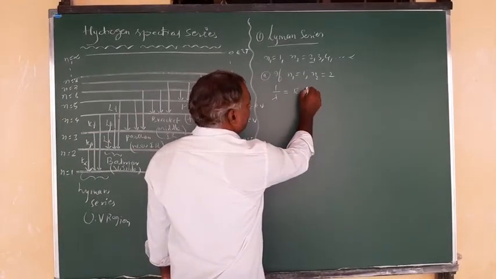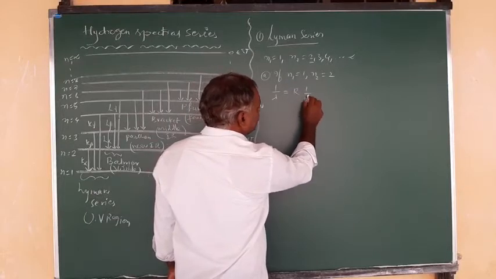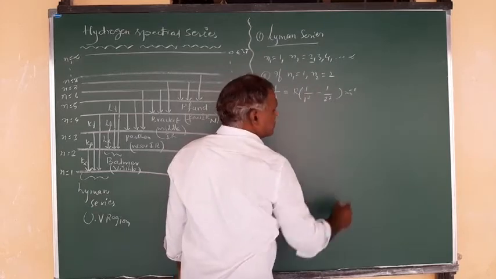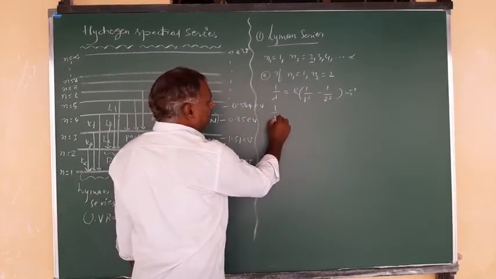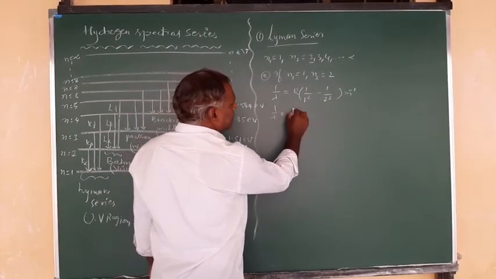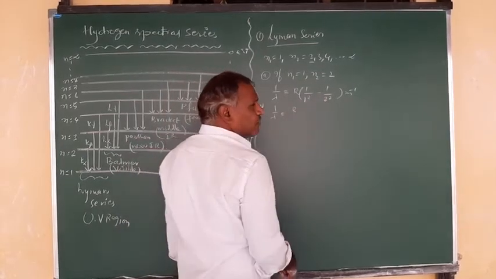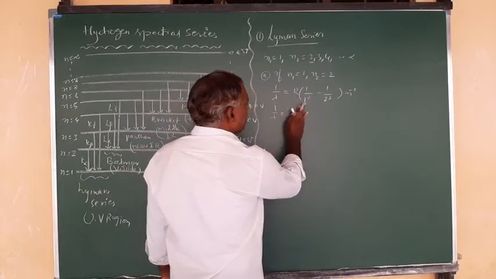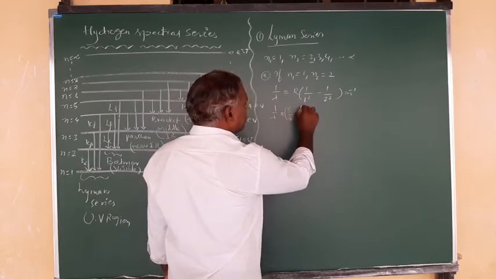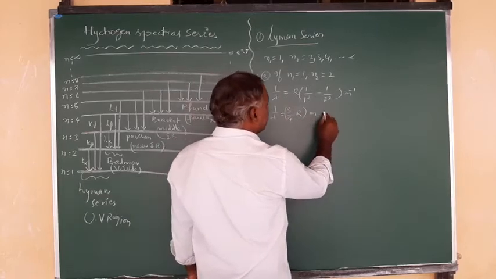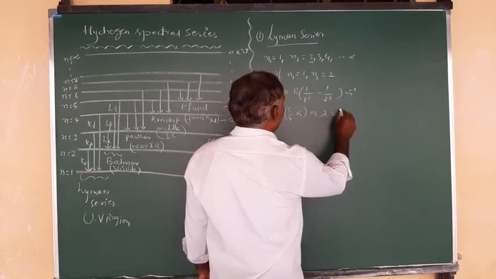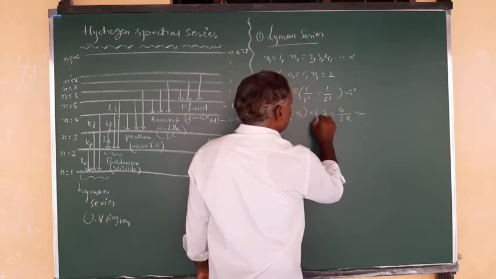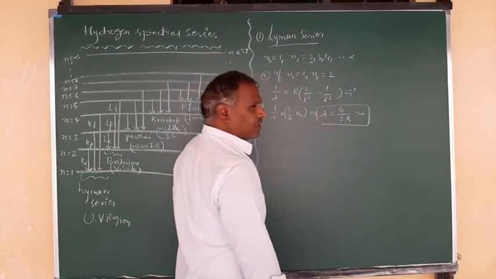So 1 by lambda is equal to R into 1 minus 1 by 4, which is 3 by 4 times R. But we want lambda, so lambda is equal to 4 upon 3R, in meters. This is the equation for the wavelength.